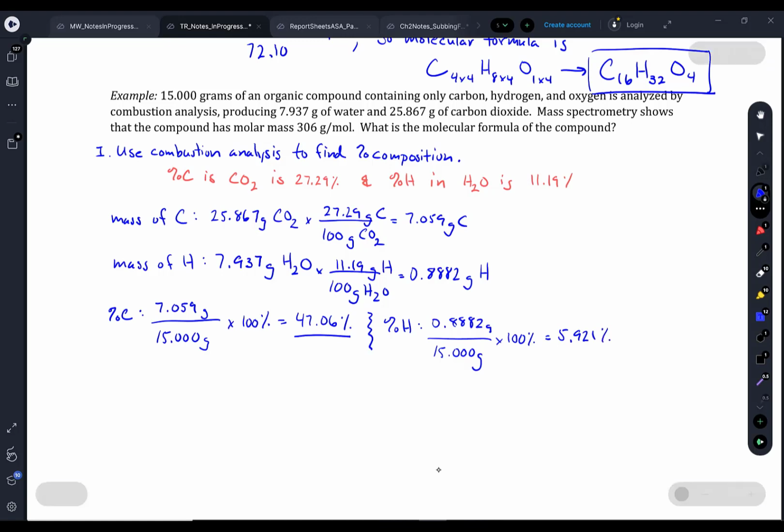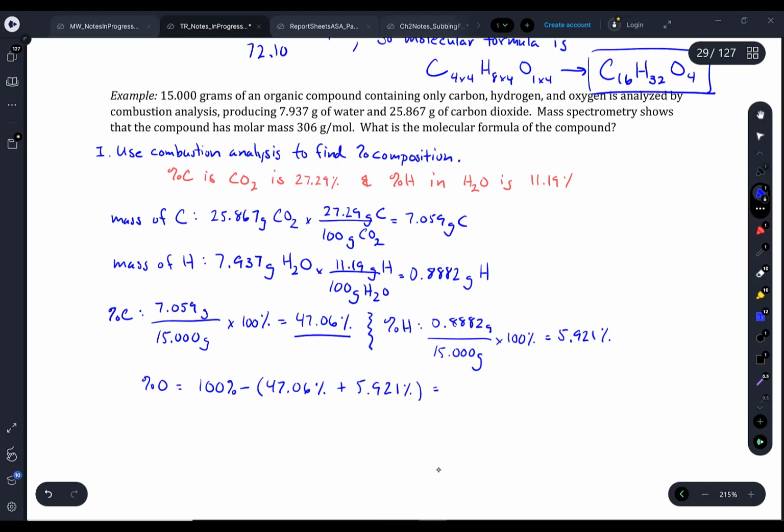And then what's the percent of oxygen? It's just what's left over. So that would be 100% minus the carbon plus the hydrogen. Okay, so 100 minus 47.06 minus 5.921 gives me, I think, 47.